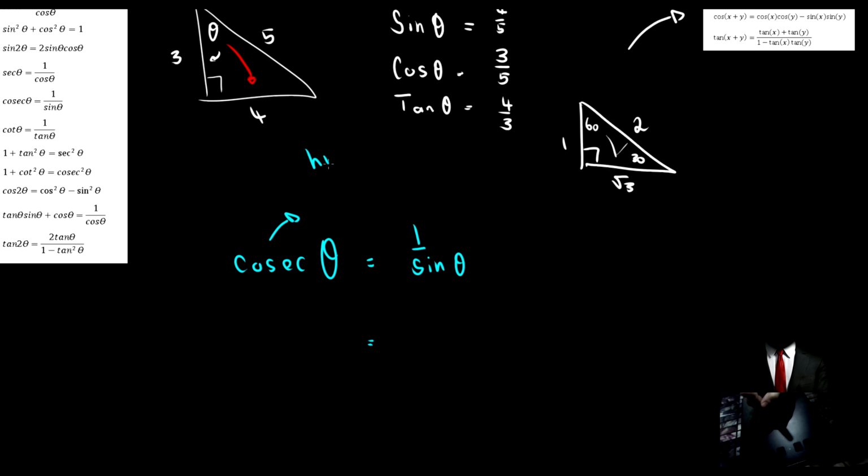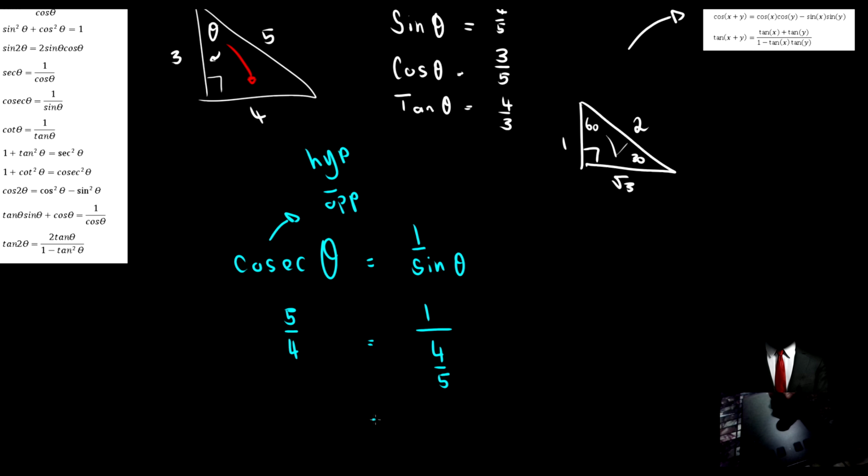So let's write that down. Cosecant is the hypotenuse over my opposite side. Well, in this case, I have my opposite side, which is 4. So that needs to be at the bottom. So we have 5 over 4 should be equal to 1 over sine, which is 4 over 5.